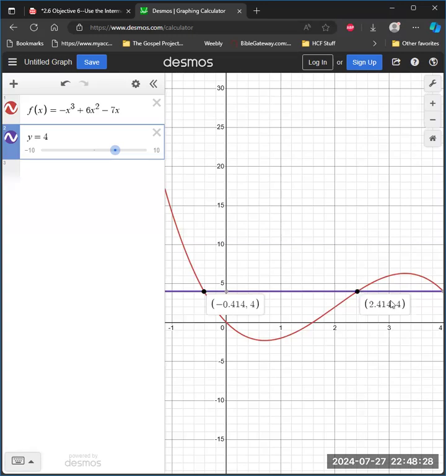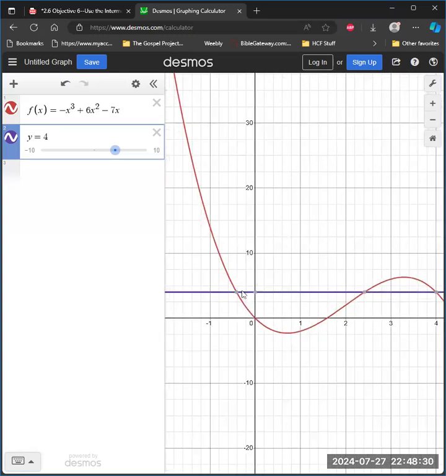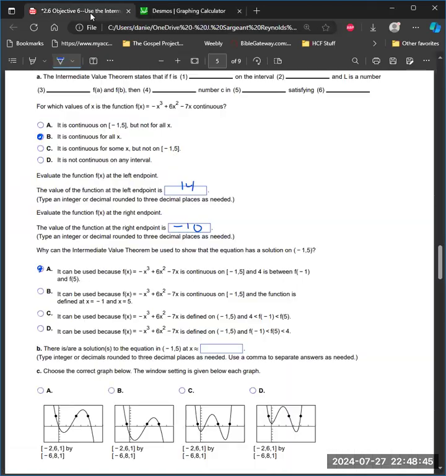There, and there. So we're interested in all three of those. So that's negative 0.414, comma, 2.414.